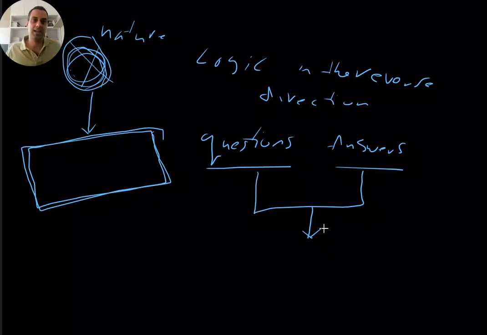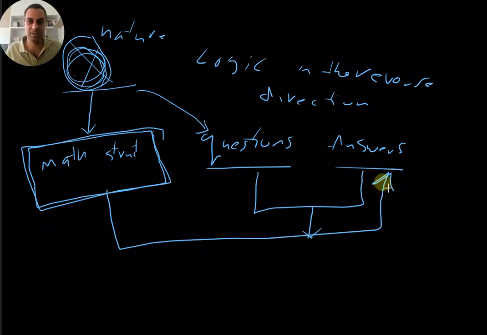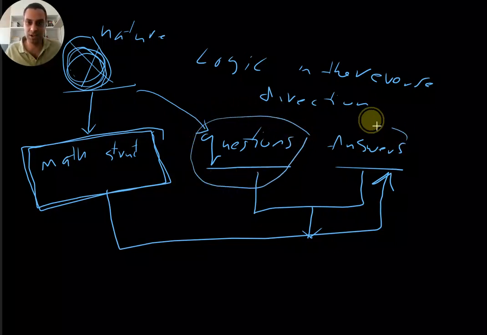If this expression here is considered to be this question, and this math structure here is considered to be this answer, then one of the solutions can be to evolve these two at the same time.